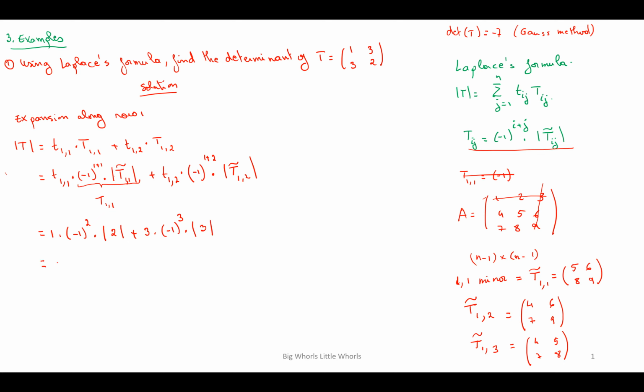So 1 multiplied by -1 to the power of 2, which is equal to 1, times the determinant of 2, which is 2, plus 3 times -1, which is -3, multiplied by 3, which is -9. So the determinant is equal to -7.